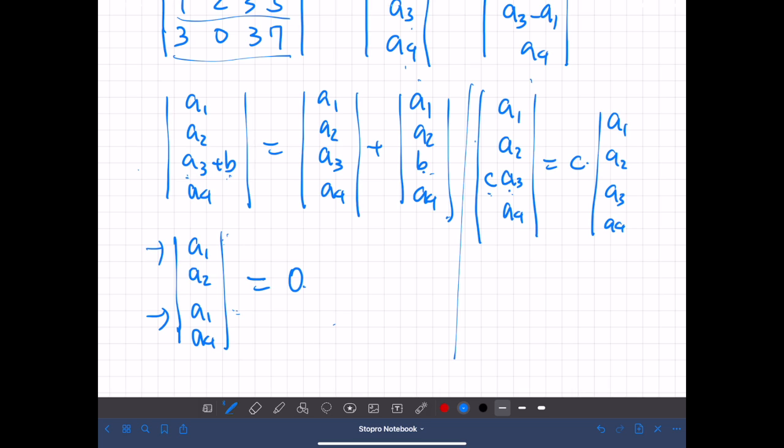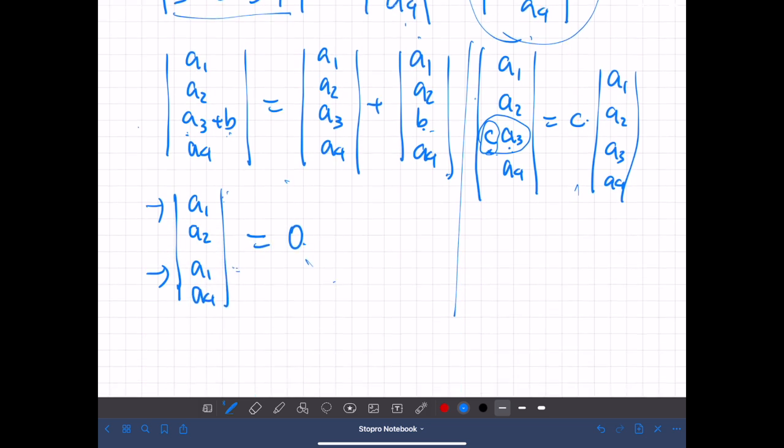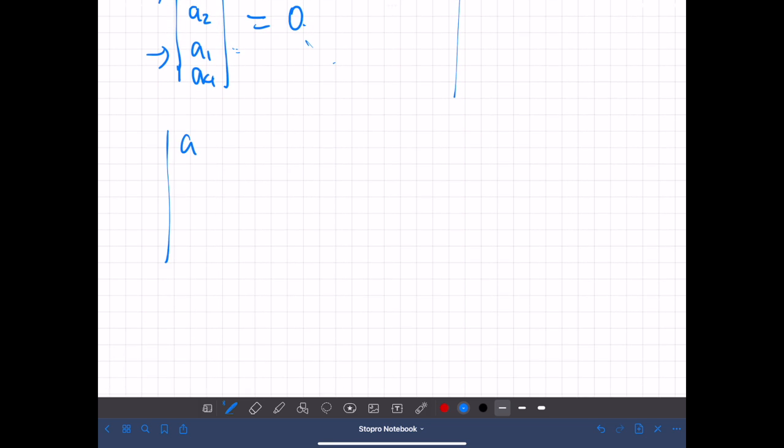So this constant can be taken out of one of the rows. By combining these three things, we can show that this is actually equal to the original determinant.